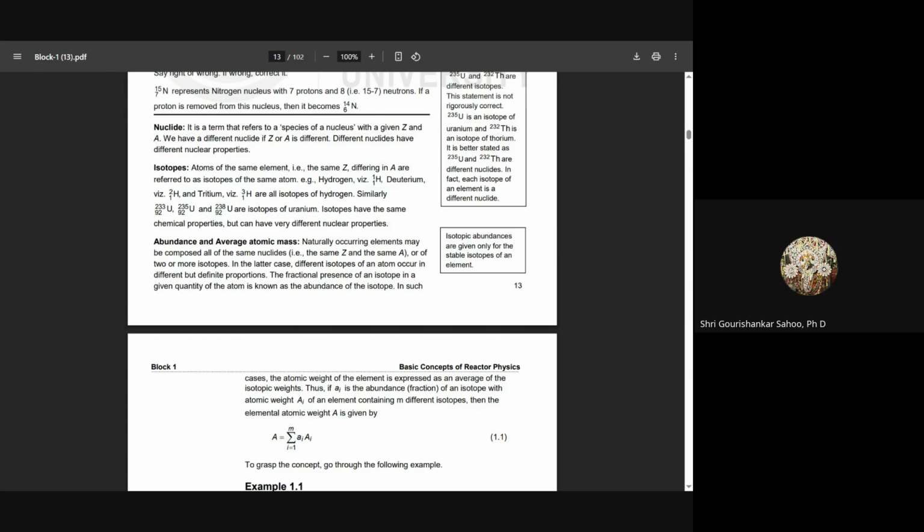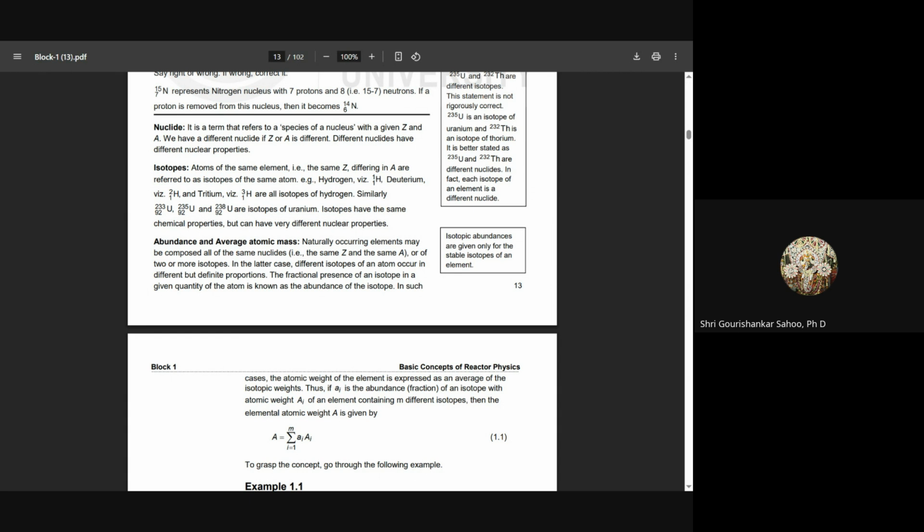But the mass number of hydrogen is 1, the mass number of deuterium is 2, and the mass number of tritium is 3. That means in hydrogen you have 1 proton, no neutron, and 1 electron.